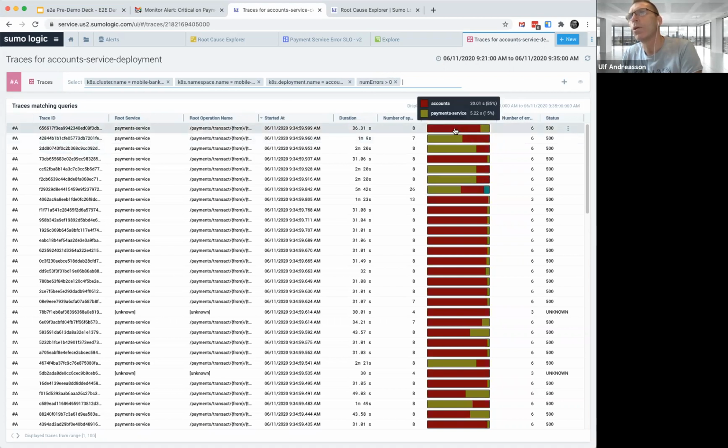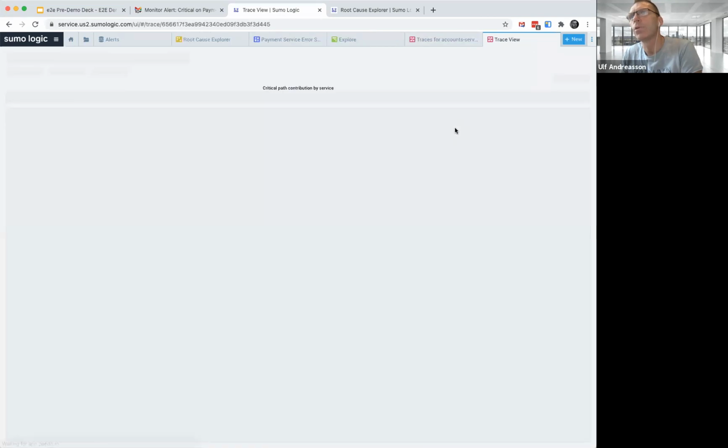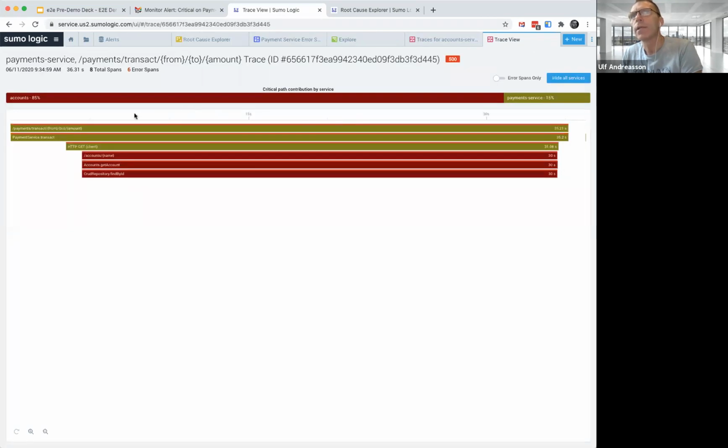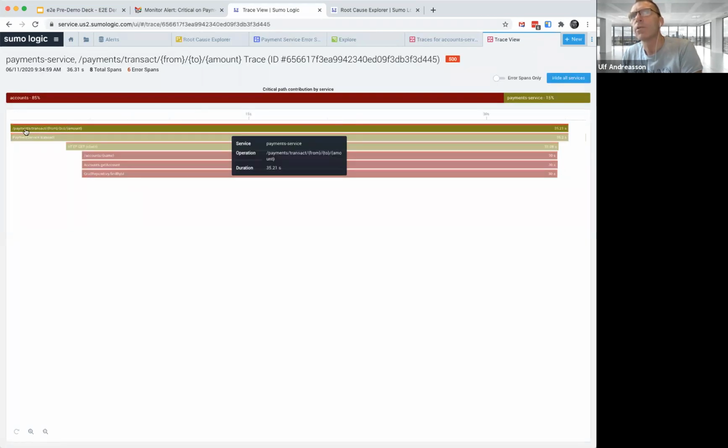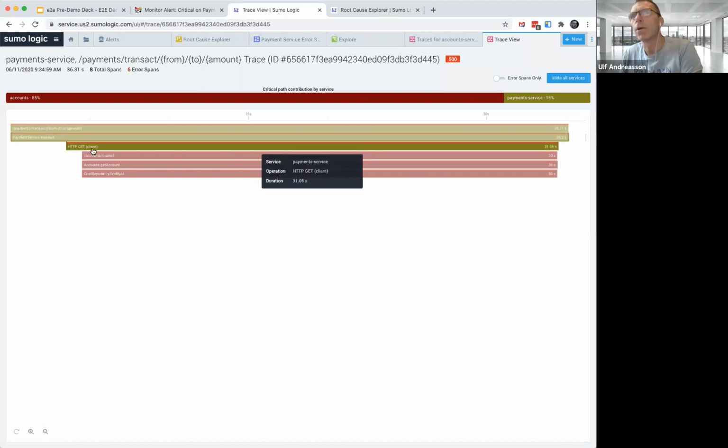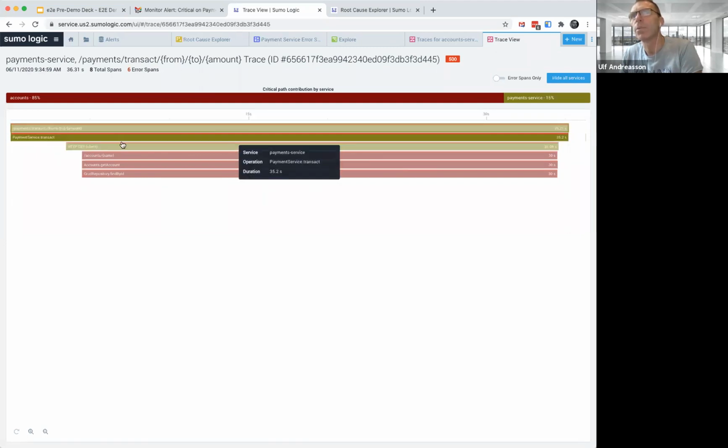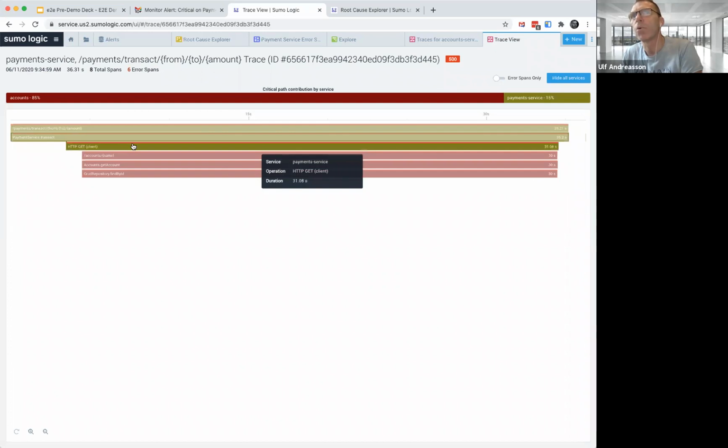But what I want to do is take you deeper into this and show you some examples. Here's one trace that we want to dig deeper into, and we can see that the payment service seems to be pretty okay. It's supposed to be green, but on my screen it's more like green and yellow.